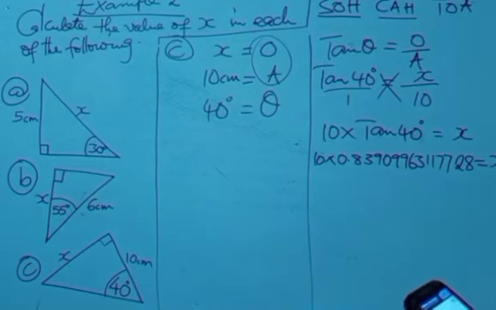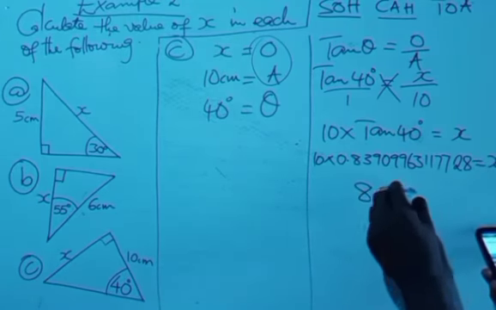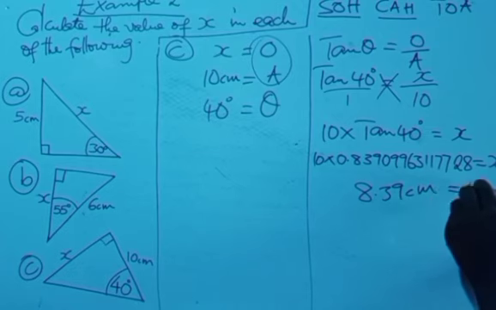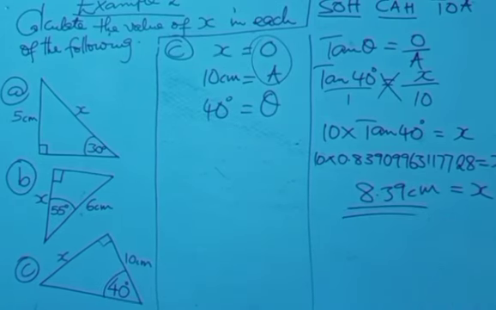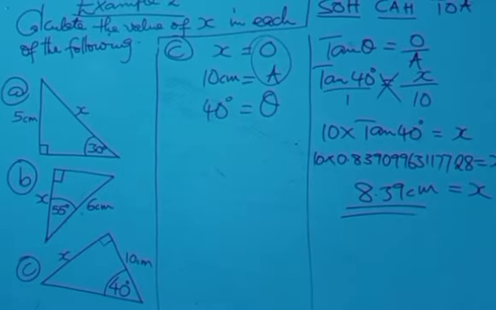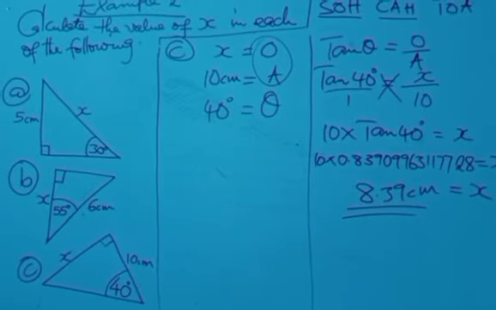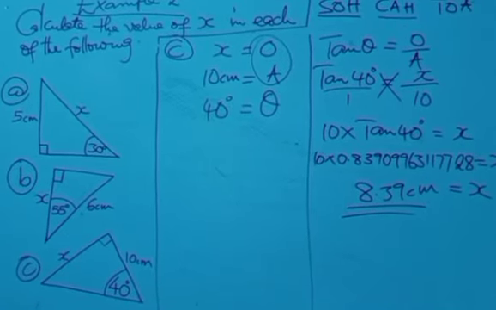So let us multiply 10 by the answer we have. The answer we are getting is 8.39 centimeters, which is equal to x. This is the answer we have for the value of x on question number C. Thank you so much.